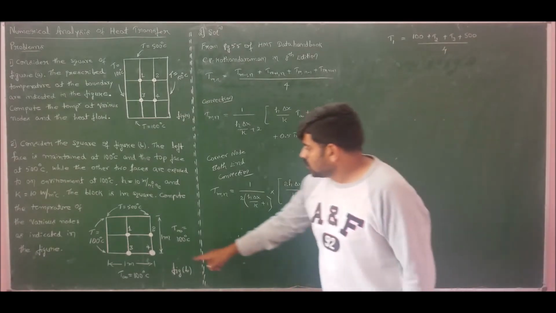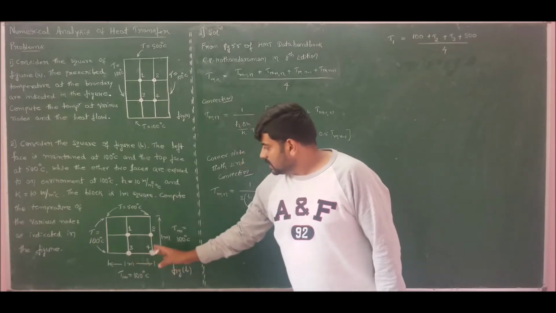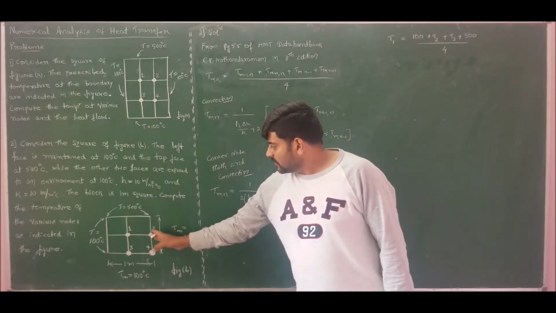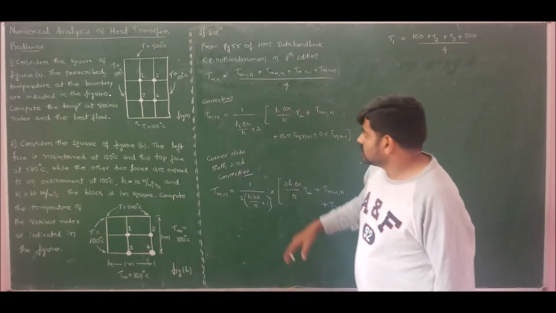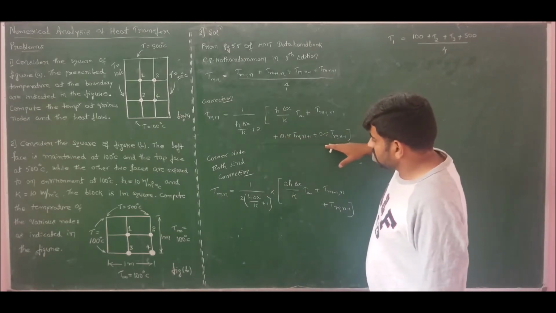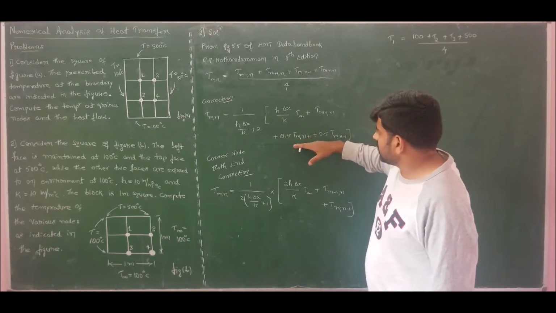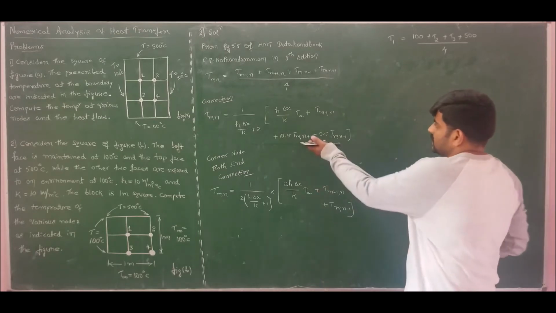Next, coming to node number 2 and node number 3, they are at the center of a face subject to convective heat transfer. So at the center of a face with one-side convection, we have the temperature equation given by the second expression.